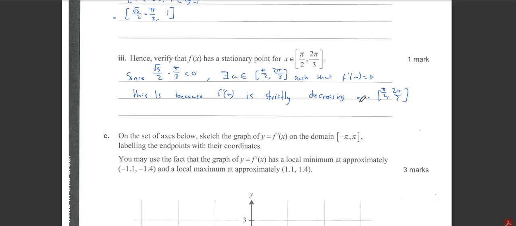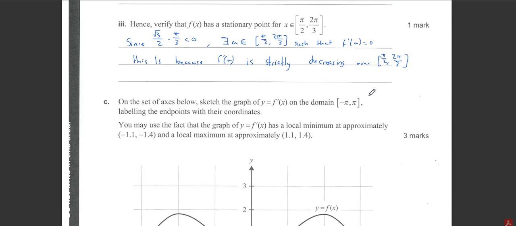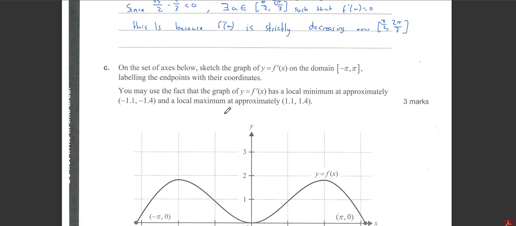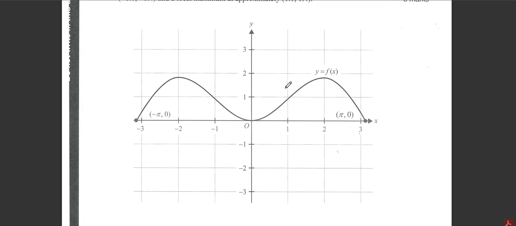On the axis below, sketch the graph of the derivative. Okay. What do we have here? Negative 1.1 is a minimum. That's around there. And 1.1, 1.4. Okay. So we must have an x-intercept here, an x-intercept here, and an x-intercept here, because that's where the turning points are.